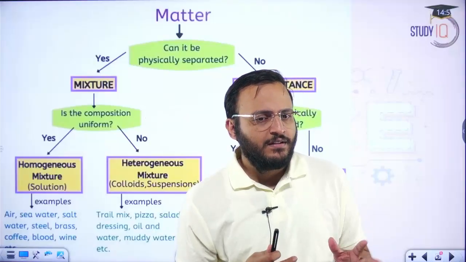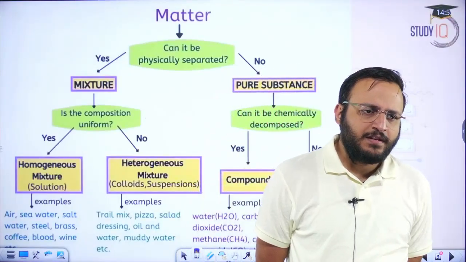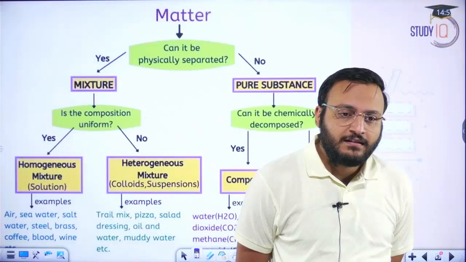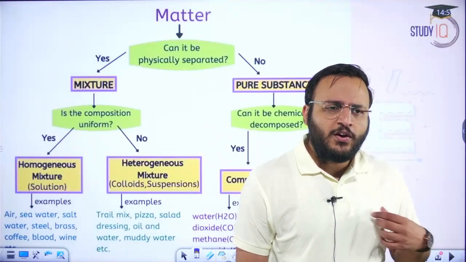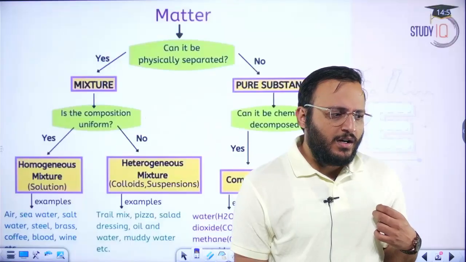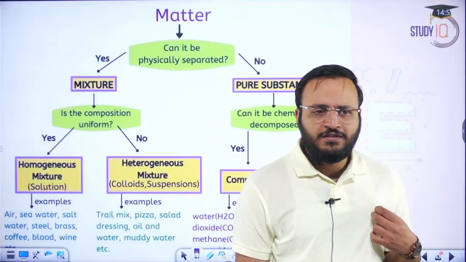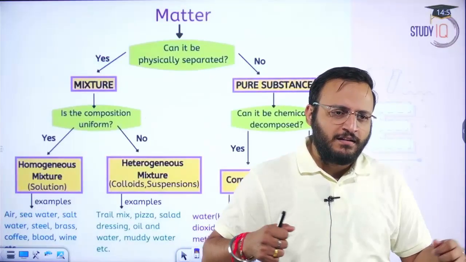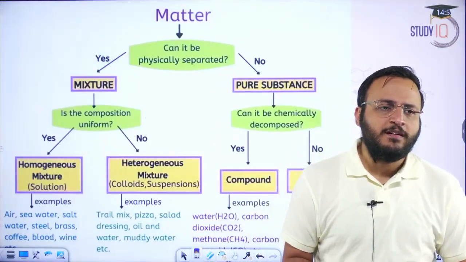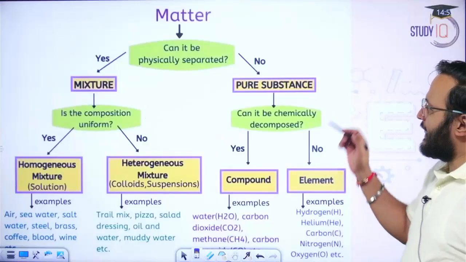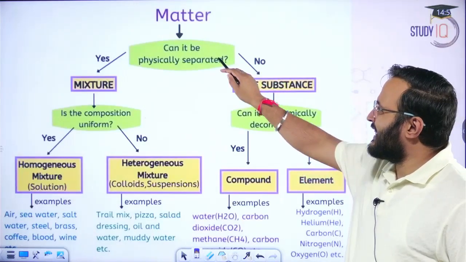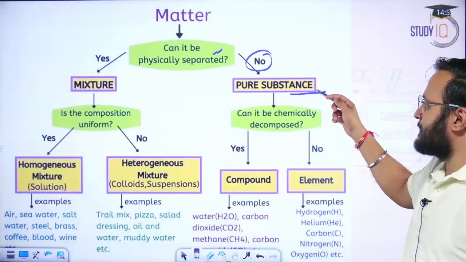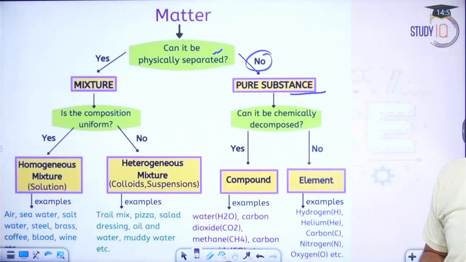Any kind of physical method, can you separate it? No, you cannot take the carbon or hydrogen or oxygen out of this cloth just by twisting, stretching, pulling, pushing, forcing. Not possible. So guys, if you cannot separate it physically, it is a pure substance.